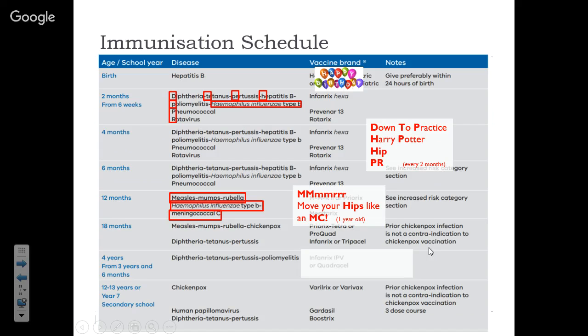We take a history lesson, and we learn about the famous battle of the 3-letter acronyms, MMR versus DTP, with chickenpox thrown in there somewhere. And then fast forward to 4th year. So 4 years old, you're in 4th year. You better be down to practice Oskies. So DTP plus polio. And then high school, you've got chickenpox and HPV. So again, take it as you wish.